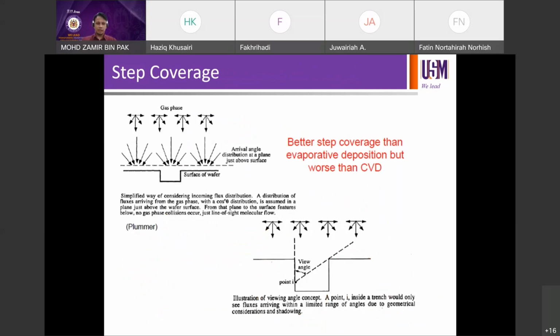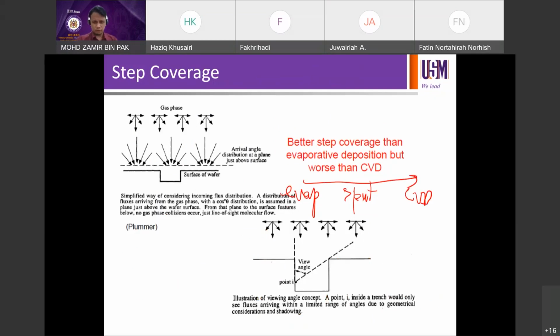We covered this last time on step coverage. If you talk about sputtering step coverage, if you have features existing on your wafers, for example, you will see the spectrum. Sputtering will be in the middle, evaporation will be on the worst side on the left, and CVD will be the best.